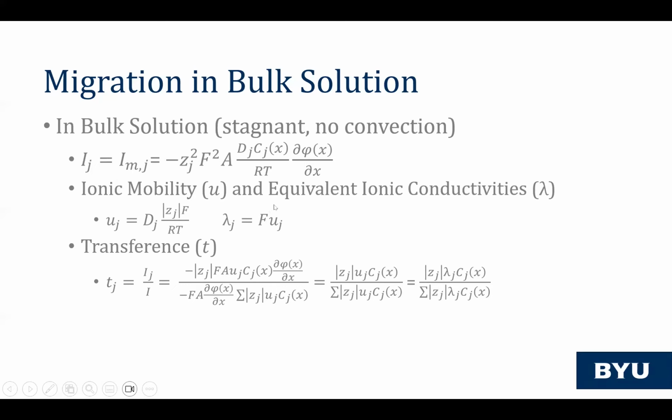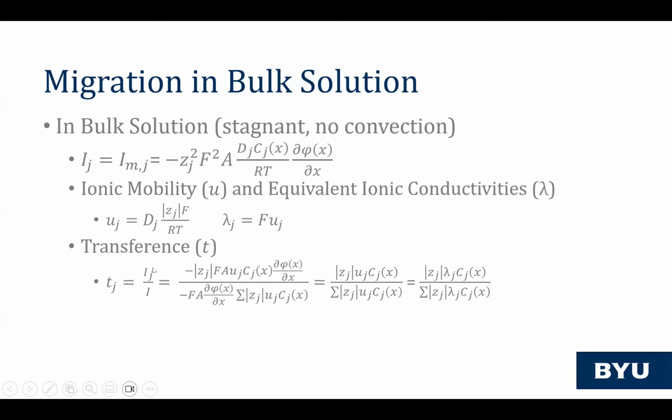We can also define this equivalent ionic conductivity, which gives us an idea of how much ionic conductance a certain ion has. And that's going to be Faraday's constant times this U that we just defined. And so we'll use that to more conveniently represent transference here below. So transference of a species is essentially how much of the current is being carried by migration in the bulk solution.